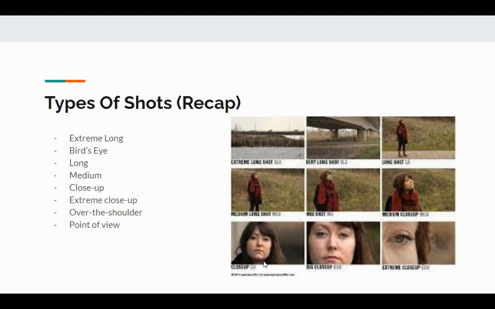Also, the over-the-shoulder shot is not featured here, but you can go and look it up if you want. It's for you to try to film using a second-person perspective, where you go behind the shoulder of the first person and you film the second person. So it shows as though you are the first character that is talking to the second character.